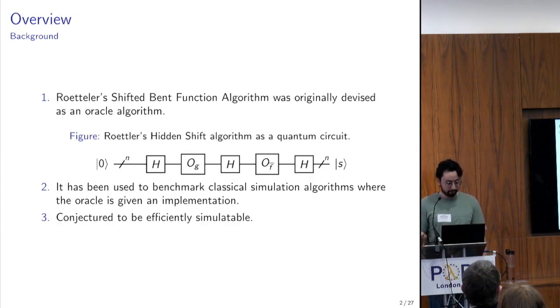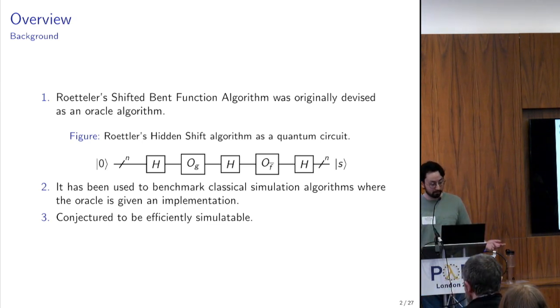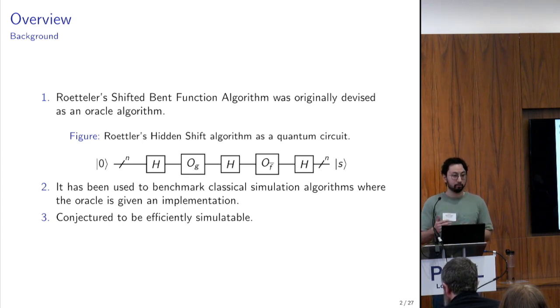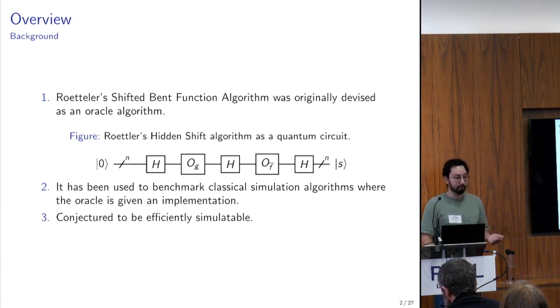So some background: the hidden shift algorithm was originally devised as an oracle algorithm in order to give query complexity separations in the classical and quantum cases. Since then, it's been used as a benchmark for classical simulation, where the oracle is given an implementation.